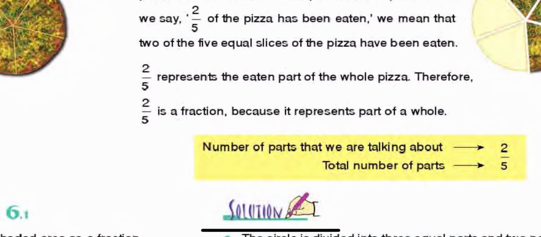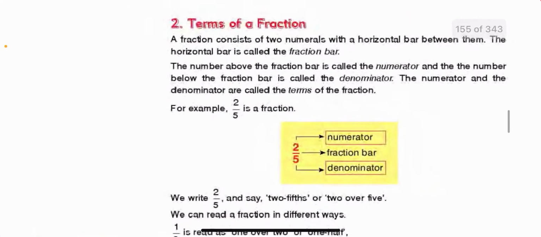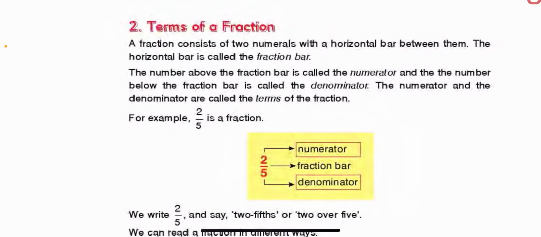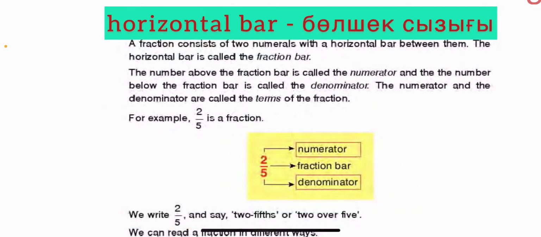Number of parts that we're talking about, 2. Total number of parts, 5. Now, about the terms of a fraction, we have to know what we call each part. A fraction consists of 2 numerals. The horizontal bar is called the fraction bar.